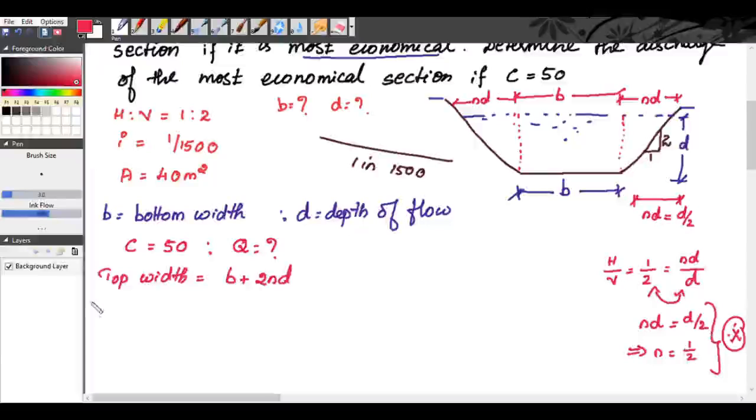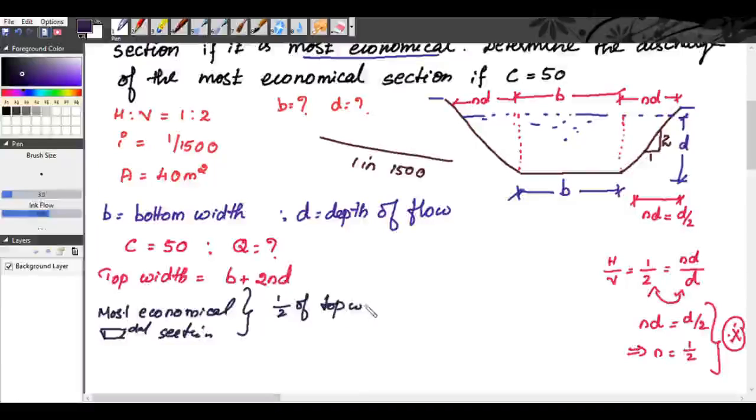Now, we know the condition for most economical trapezoidal section. For most economical trapezoidal section, one condition is that half of the top width is equal to one of the sloping sides.